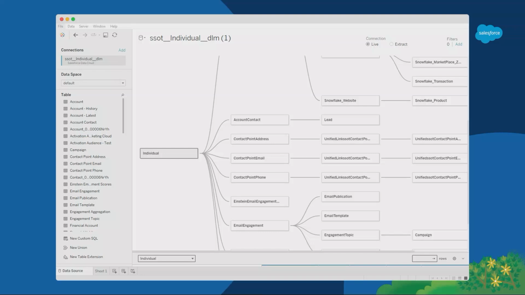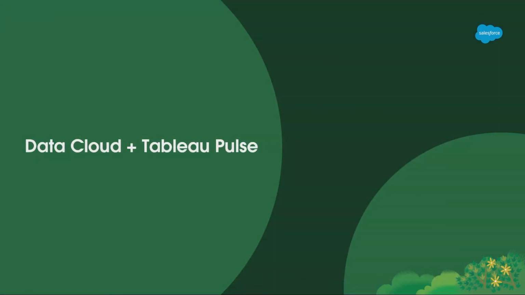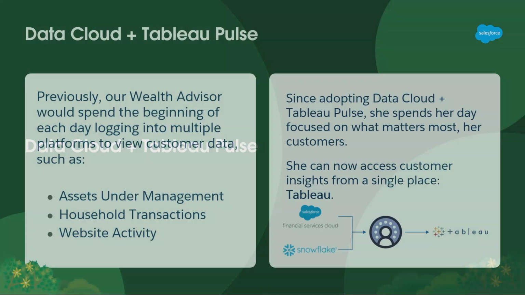It's already been done for us by Data Cloud when we exported the model. So everything is ready to go, which leads us into the next step, which is, what if we want to create a Tableau Pulse metric using our Data Cloud data? So remember, in order to use Tableau Pulse, we have to have a published data source on Tableau Cloud. So we're going to go ahead and publish that data source and get ready to create our first metric.